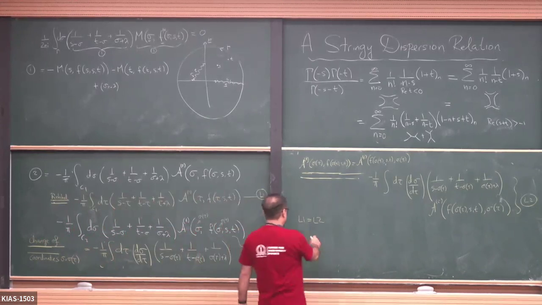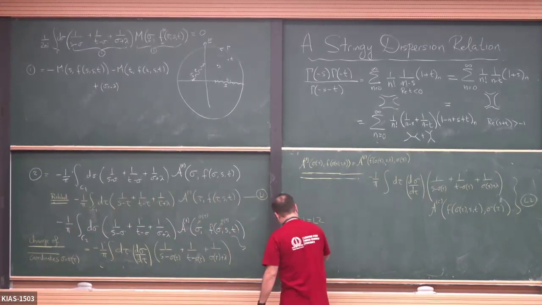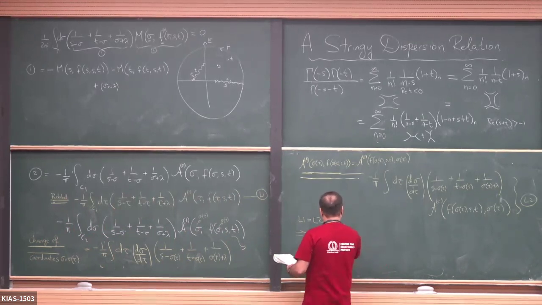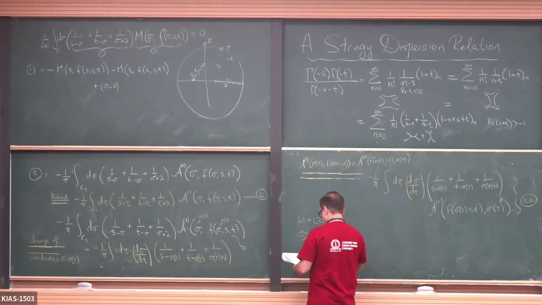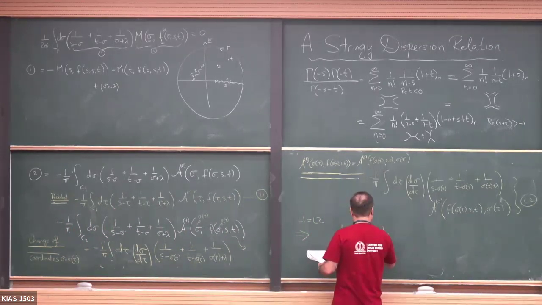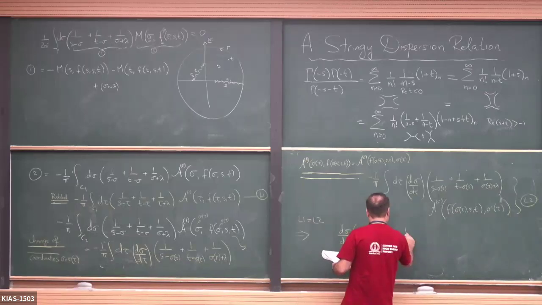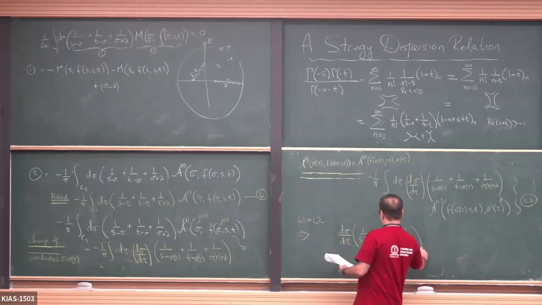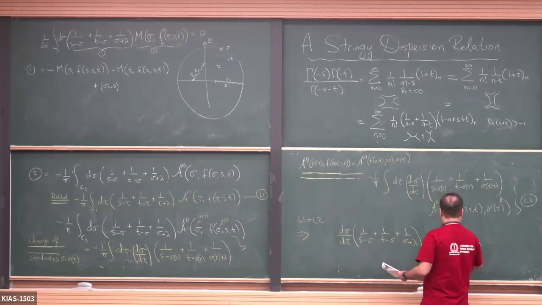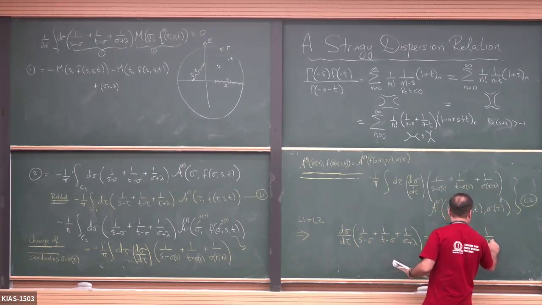So doing that is going to give me two conditions. So the first condition is d sigma d tau, 1 over s minus sigma plus 1 over t minus sigma plus 1 over sigma plus lambda, is equal to 1 over s minus tau plus 1 over t minus tau plus 1 over tau plus lambda.